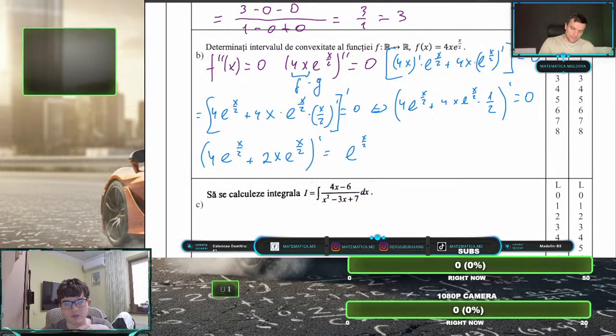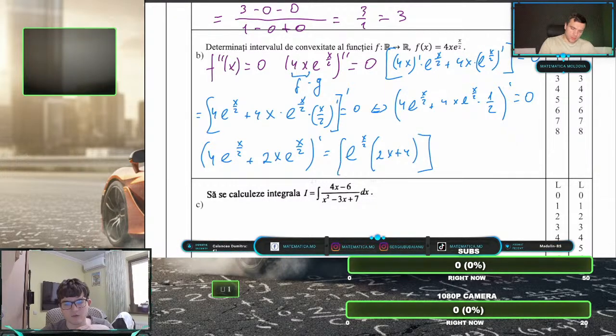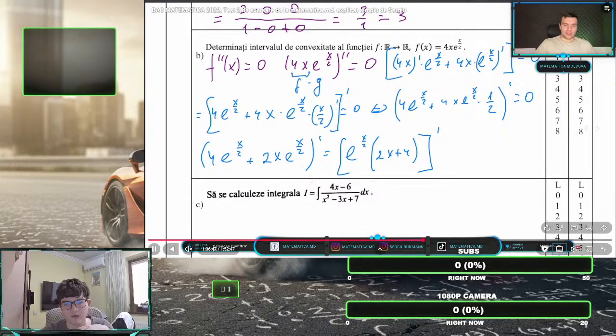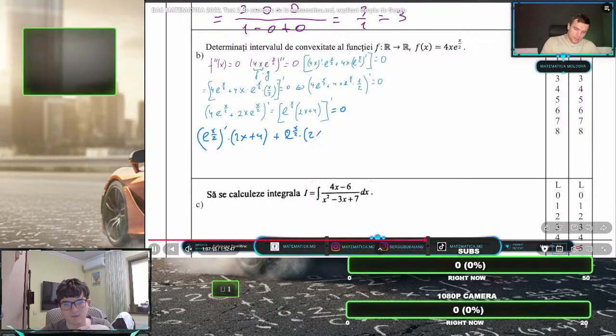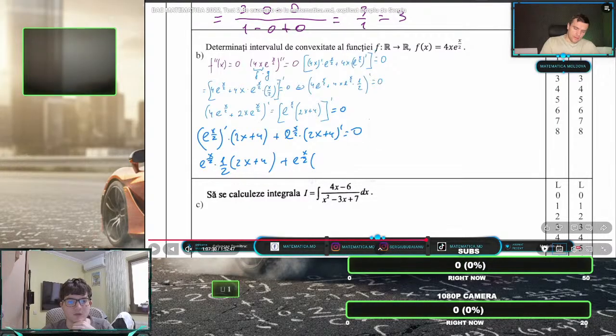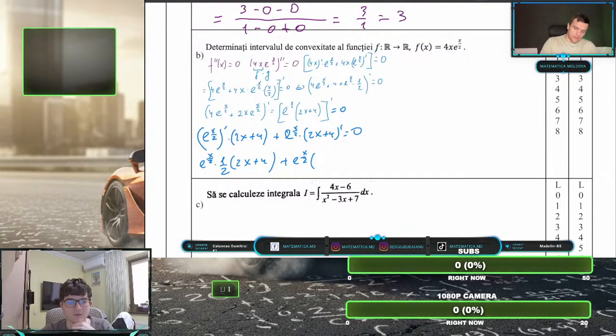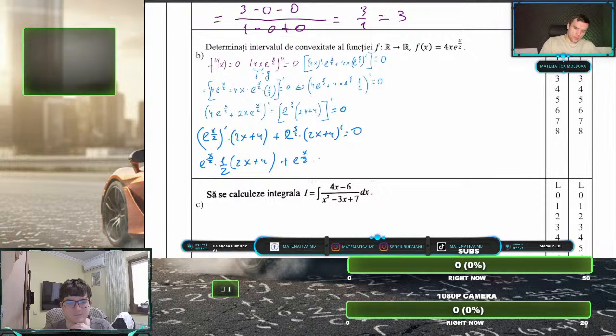That's like getting the 2 out of a 4. You put that up front. And you get this. Now we do this same formula again. You get this and that. 2x plus 4. So that's 2.